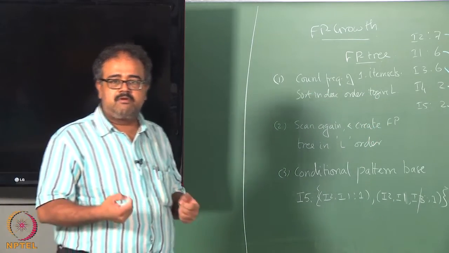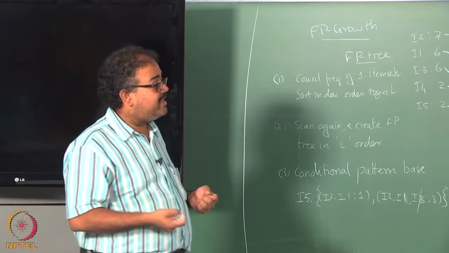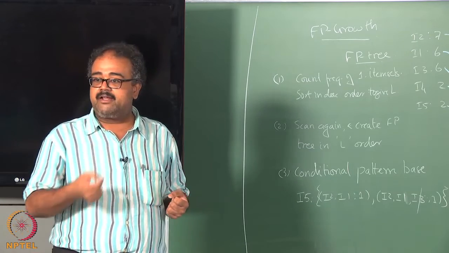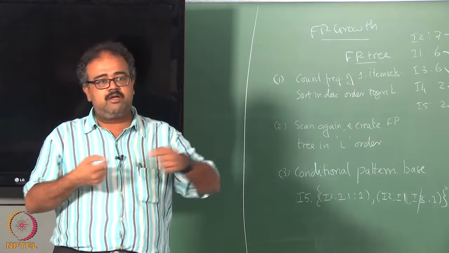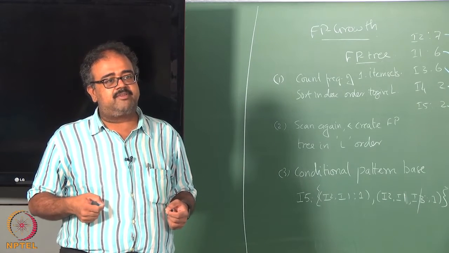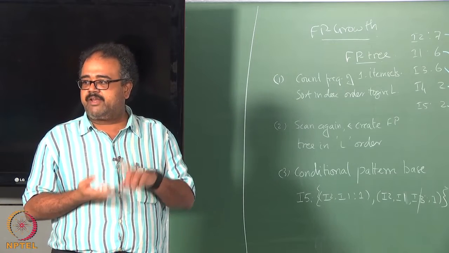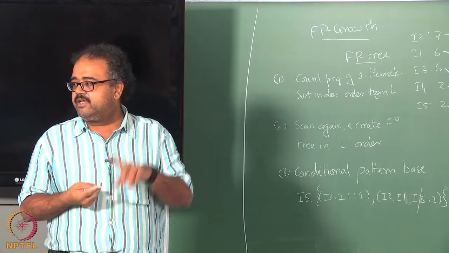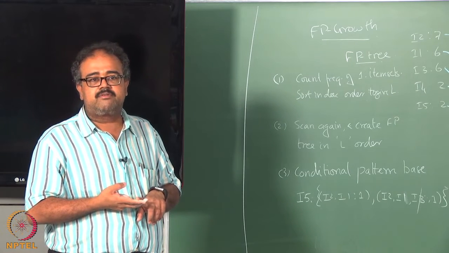Now not only will this give me I2, I1, I5, it will give me any frequent pattern in which I5 is a part of, regardless of how large the item set is. So it will give me not only the frequent 3 item sets in which I5 is part of, it will also give me the frequent 2 item sets in which I5 is part of.